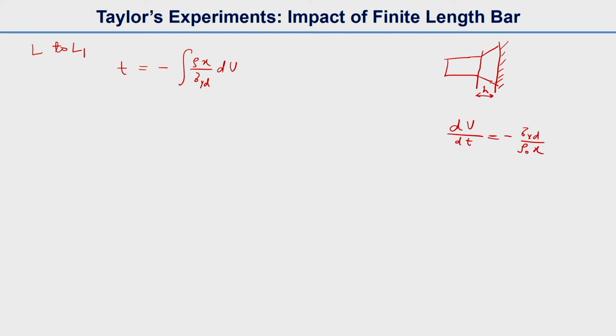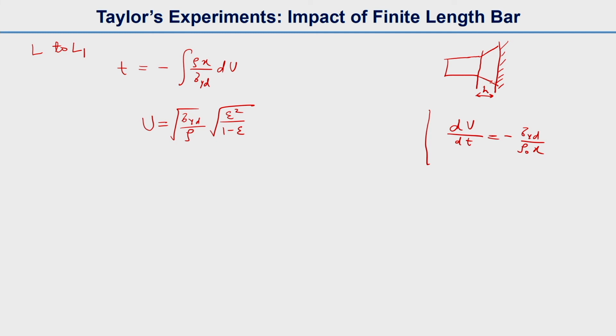We are assuming rho here, not rho naught. That is the expression we got. This is the total time, and from other equations we have u in terms of strain. What we found is the square root of sigma yd by rho times epsilon square by 1 minus epsilon.